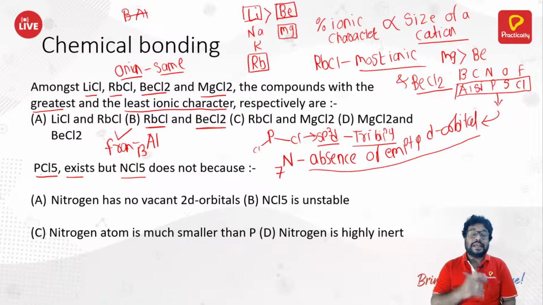The thing is that they do have empty d orbital, but their electron count is around 2p orbital only. So after 2p, d orbital can only start from the third quantum number.